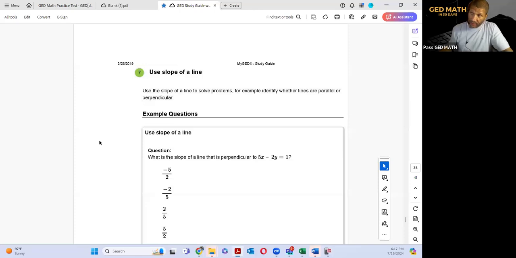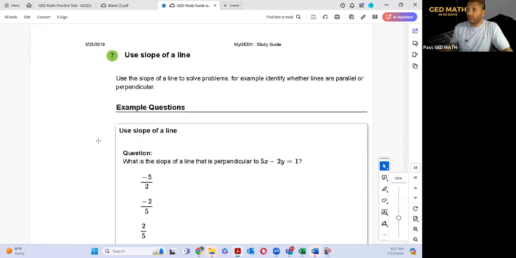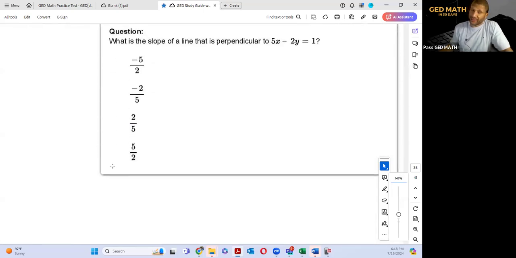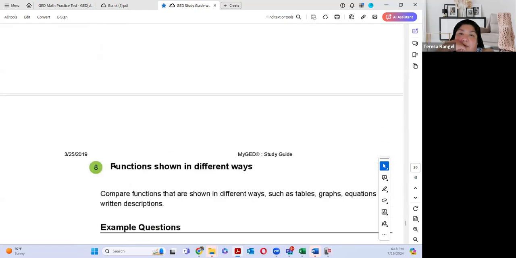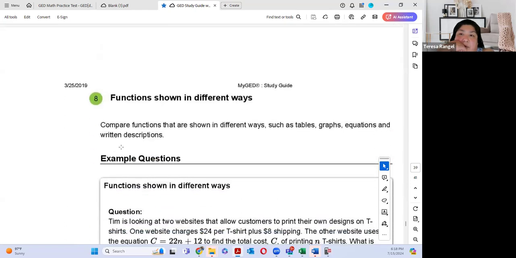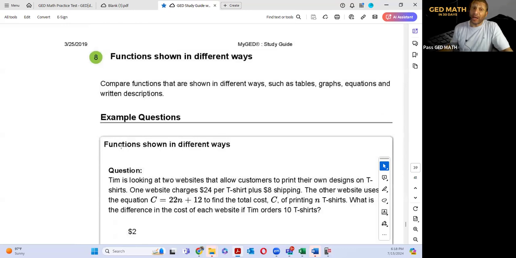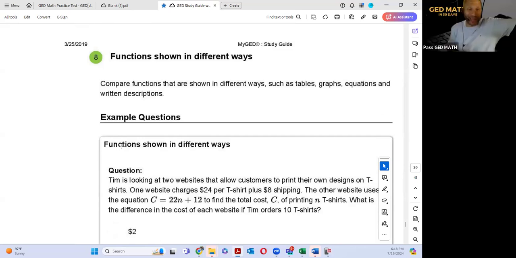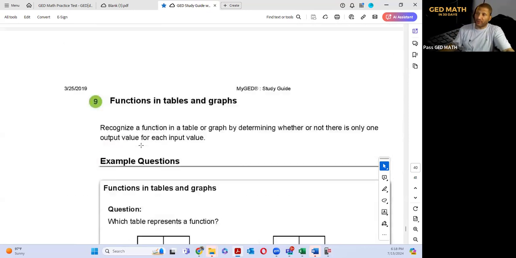You're not going to have dividing polynomials, even though the concepts list tells you you will and that you need to study it. Since 2014, I haven't seen it. I wouldn't waste my time on dividing, but I would learn how to multiply. If they do ask you to divide, take the multiple choice and multiply, and then you can get your answer. But I wouldn't worry about division too much.